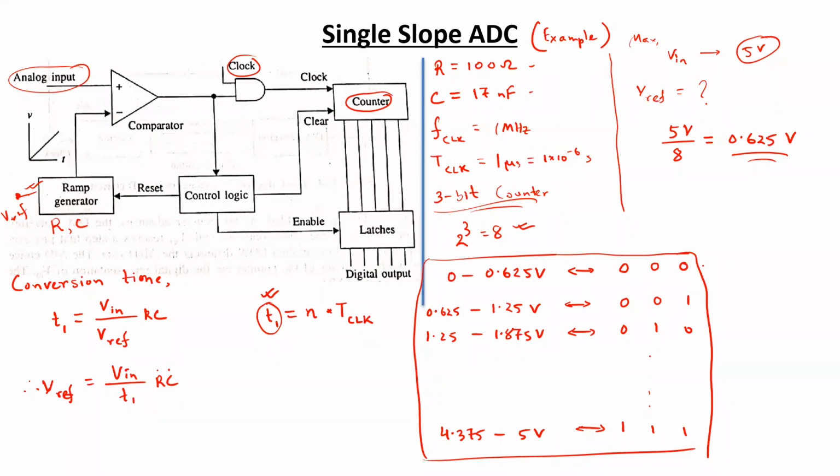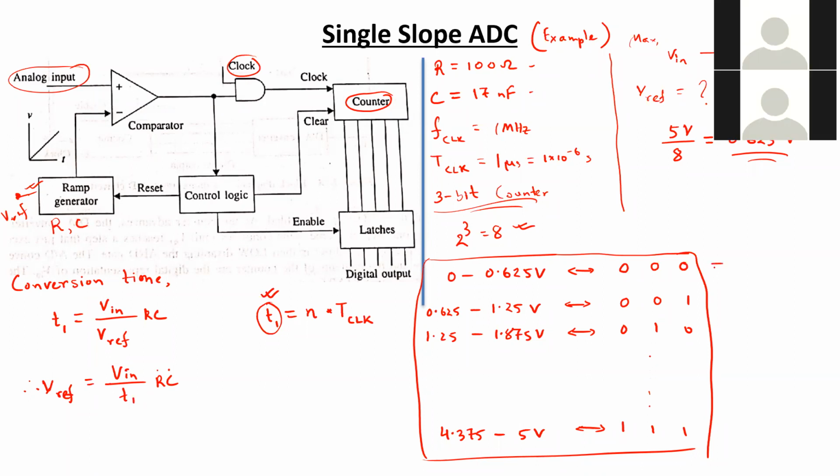So for this first state, the counter is, suppose, reset, it is not showing anything. So when it receives the first pulse, it is going to show 000. Upon receiving the second clock pulse, it is going to show 001. Then when it receives 3 clock pulses, it will show 010. In this way, it will receive up to 8 clock pulses when it shows 111.